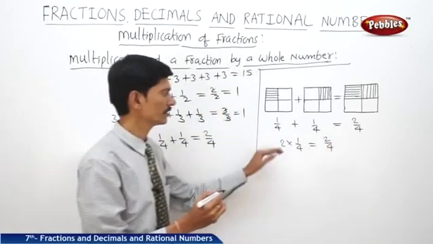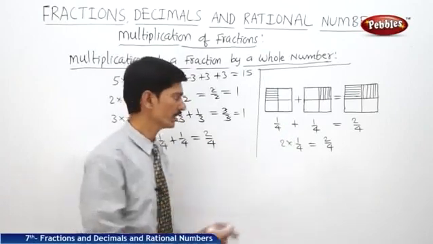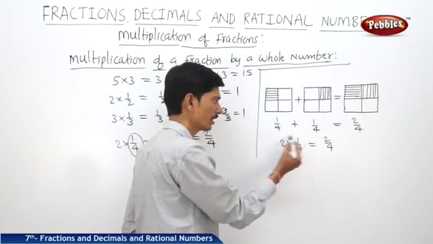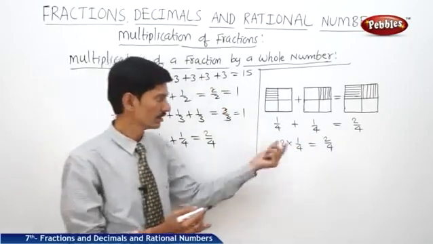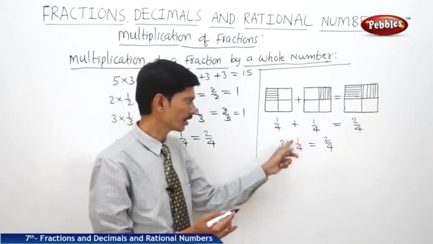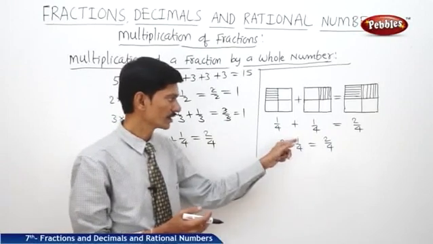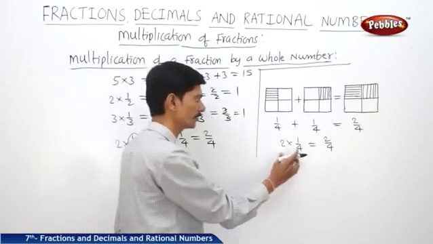So when you multiply a proper fraction by a whole number, we multiply the numerator of the proper fraction with the whole number and keep the denominator same. Even when you take the multiplication of an improper fraction with a whole number, we will multiply the numerator of the improper fraction with the whole number keeping the denominator same.